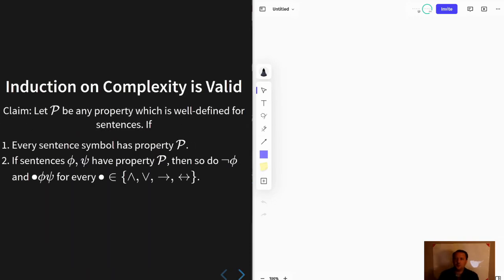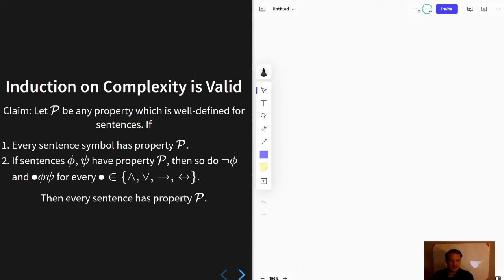That was a whole bunch of conversation about this idea. But here we'll formally state, and then on the next slide rigorously prove, the validity of this claim. The formal statement of what I've been saying so far is that we take P to be any property which is well defined for sentences.